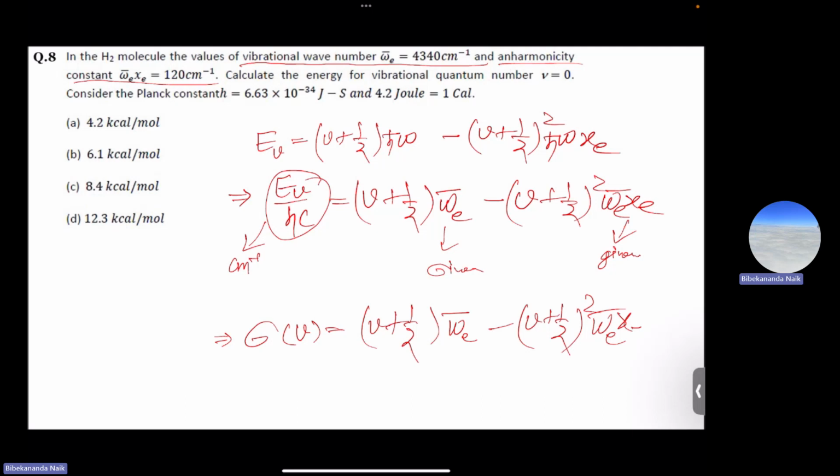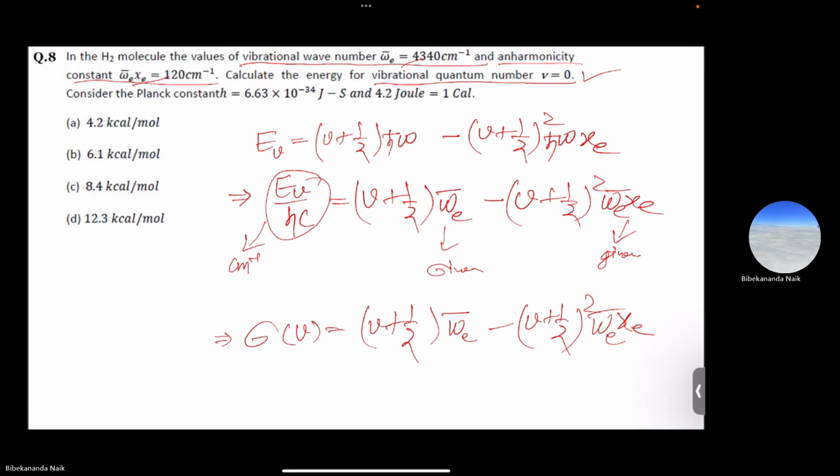Since we have all the known quantities, we will simply put the values and get the answer. The vibrational quantum number v equal to 0 is given, ω_e x_e is given, and ω̄_e is given. Here it is G_v, but here we want to calculate the energy, because in the question the energy is given.